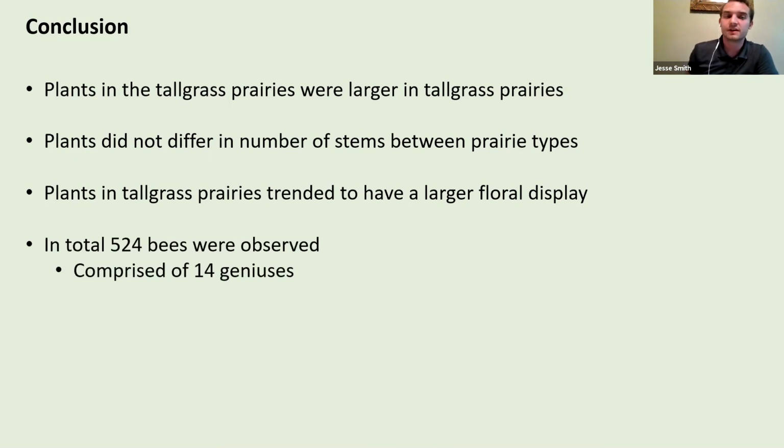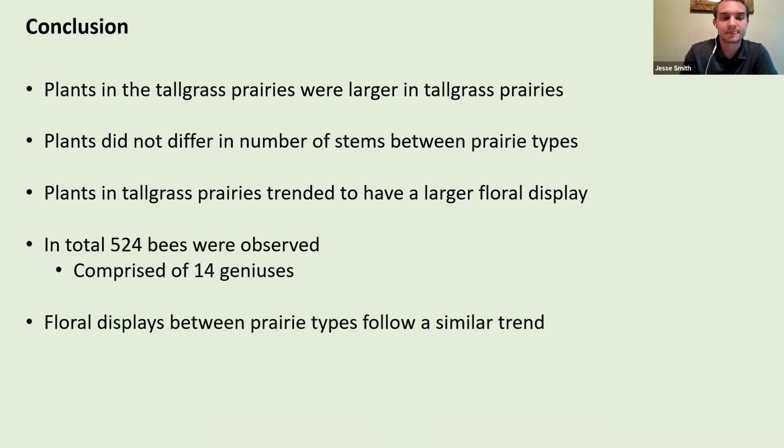I observed 524 bees comprised of 14 genera and many species. I also show that floral displays between the prairie types follow a similar trend, although it is slightly stronger for tallgrass prairies for the floral display to impact pollinator visitation.